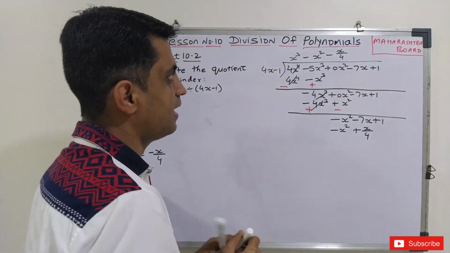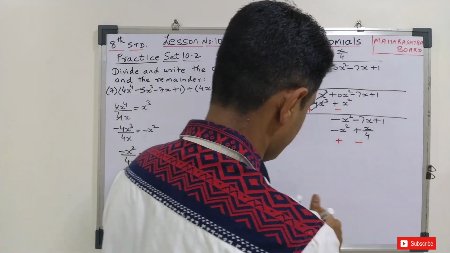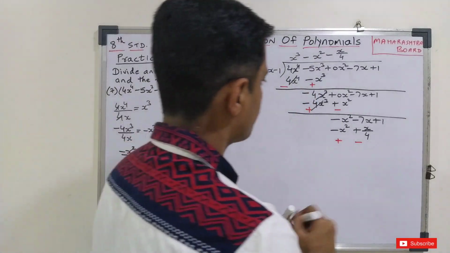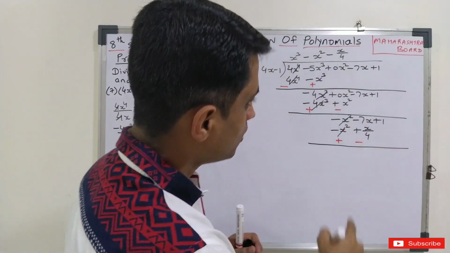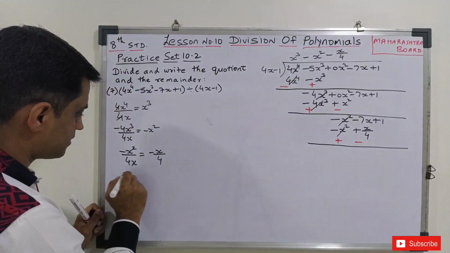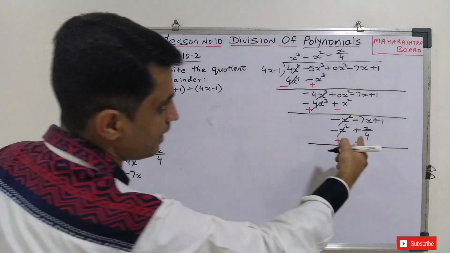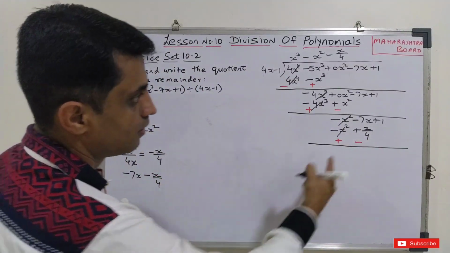Again change the sign. This will become plus, this will become minus. Now this will get cancelled, students. So you will get minus 7x. Now pay attention. How to solve this? Minus 7x minus x upon 4.